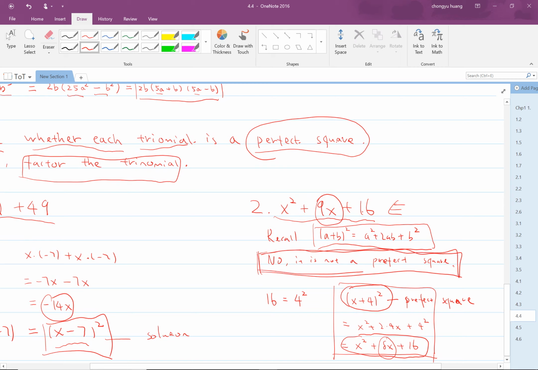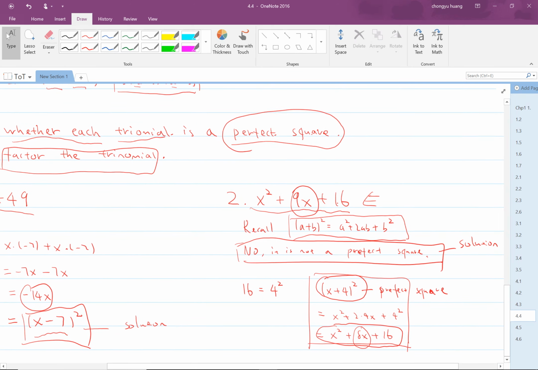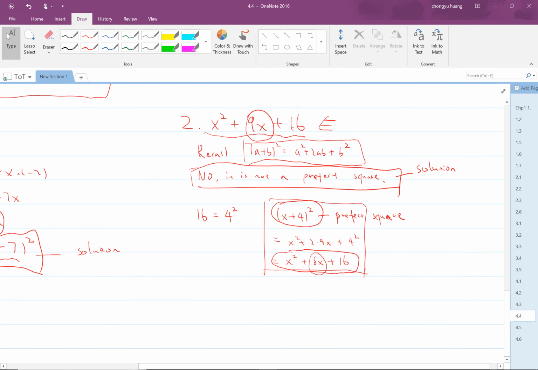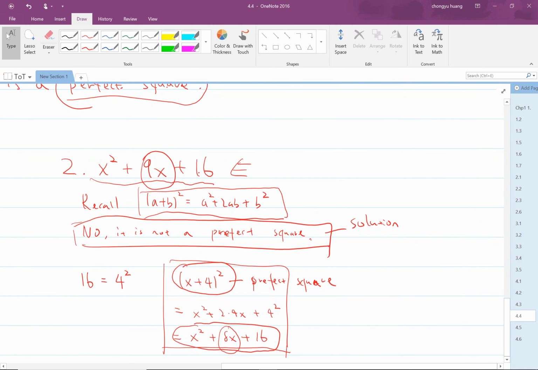Let me circle this answer again. Over here the answer is simply this, because it is not a perfect square, so we just leave the answer as: no, it is not a perfect square.